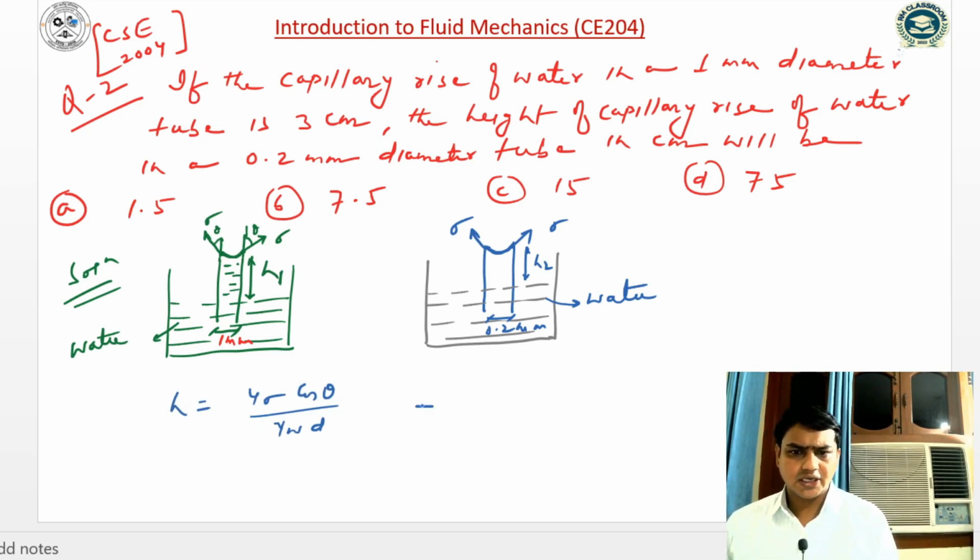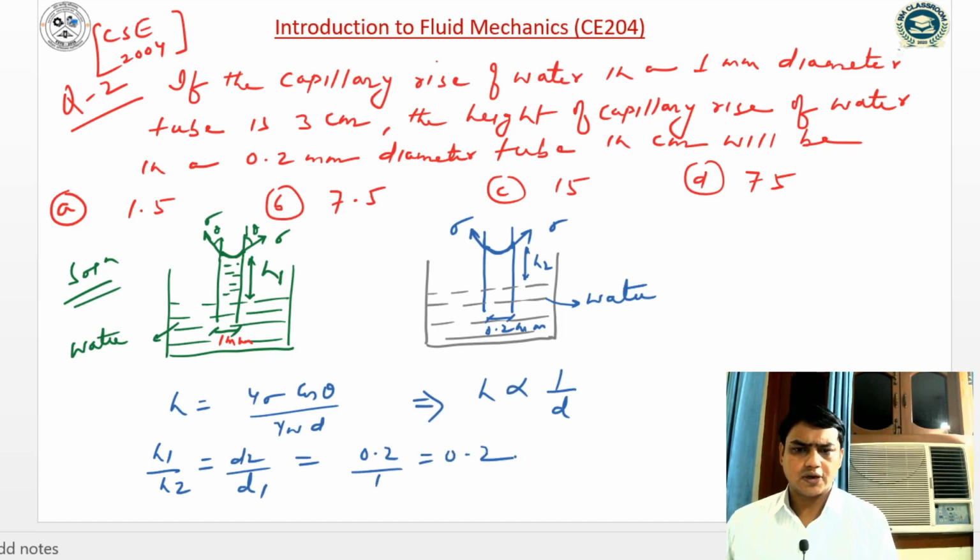So we can write H is inversely proportional to the diameter, because the contact angle will also be the same, or we can take theta as 0 if it is pure water. Gamma W will be fixed, so it depends on the diameter. So H1 by H2 is equal to D2 by D1. D2 by D1 is 0.2 divided by 1, so it will be 0.2.